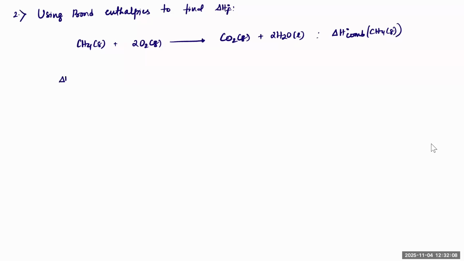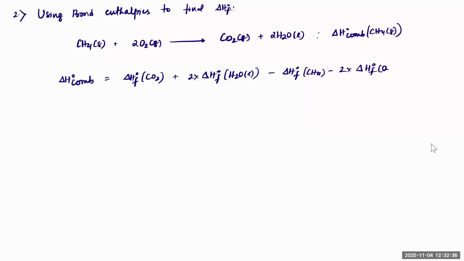Delta H of combustion can be written in terms of enthalpies of formation of the products: enthalpy of formation of carbon dioxide plus 2 times enthalpy of formation of water in liquid state, minus enthalpy of formation of methane, minus 2 times enthalpy of formation of O2.